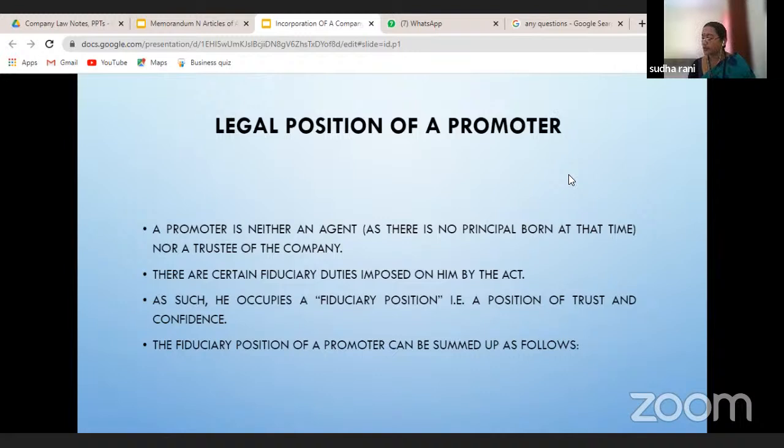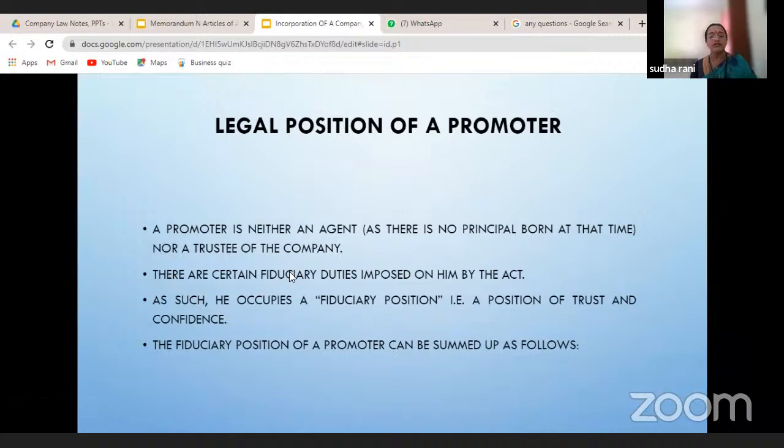So, as a promoter, having the due powers and responsibility to deliver my duties, I have some legal obligations. Let us see what those are. A promoter is neither an agent nor a trustee of the company. So, a promoter is not to be treated as an agent or as a trustee.